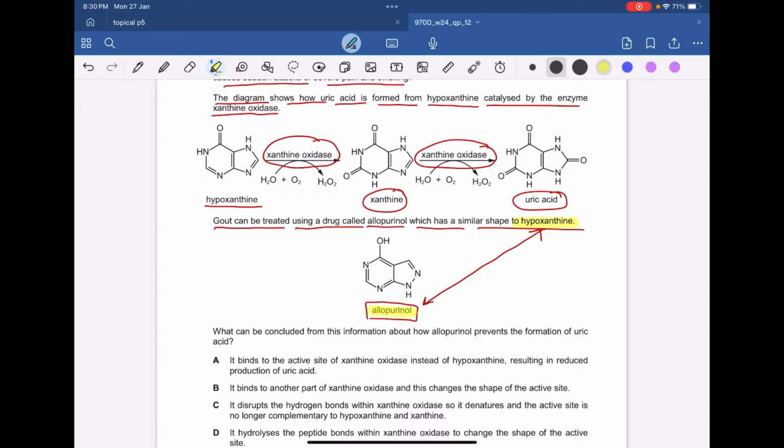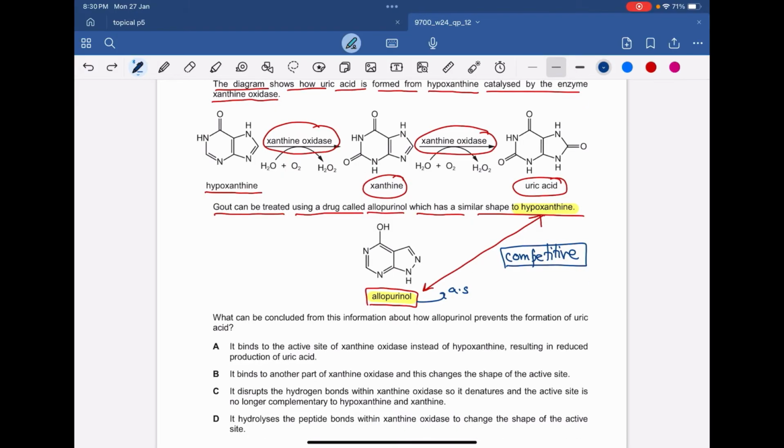So which sort of inhibition comes to your mind while reading this statement, similar in shape? In my mind, competitive inhibition is coming, in which the inhibitor and the substrate are of the same shape, and the inhibitor binds to the active site of the enzyme instead of the substrate. Let's now read the question.